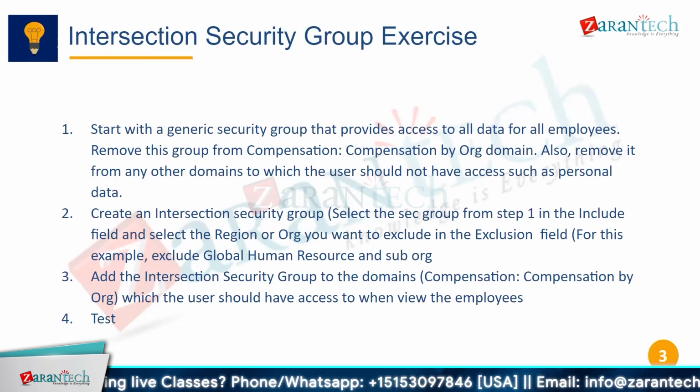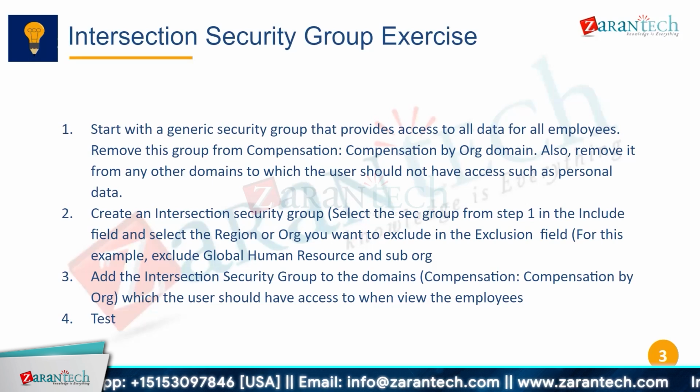Allow access to all data, then remove it from compensation domains, and also remove it from any other domains which a user should not have access to, such as personal data. So let's start with this.